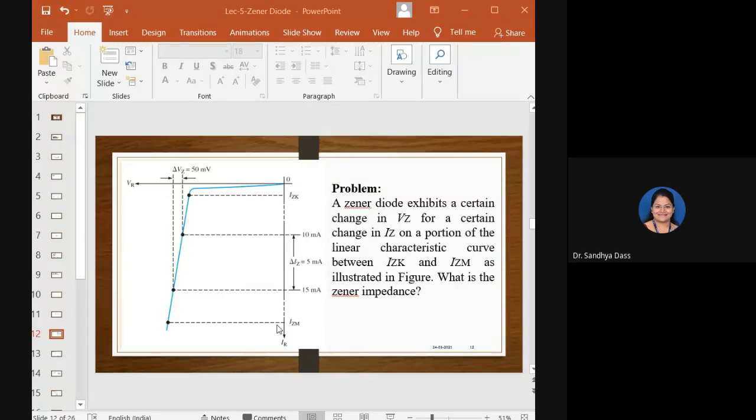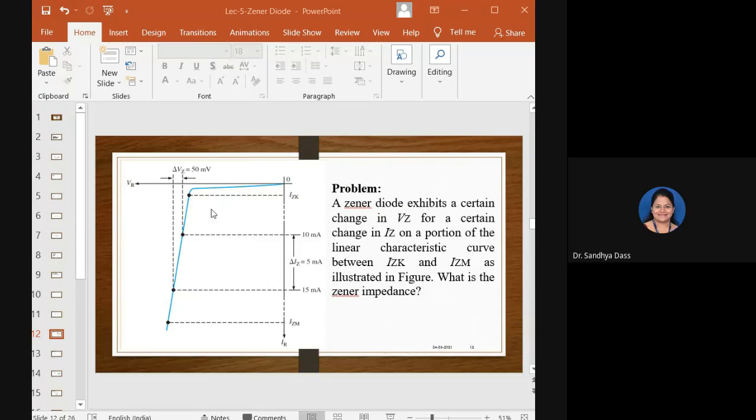Quickly solve this example. There is a Zener diode that exhibits a certain change in Vz for a certain change in Iz. Vz is the Zener voltage across the Zener diode, and Iz is the Zener current.